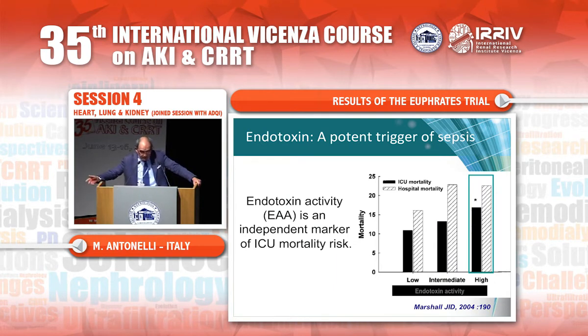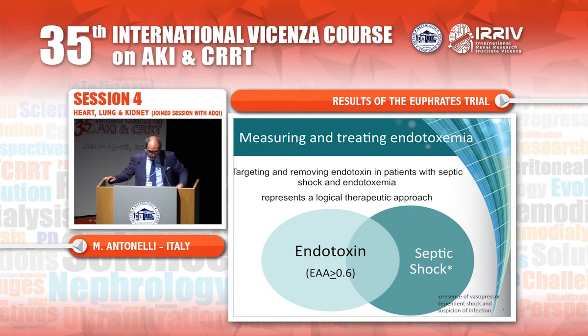And there's something more: endotoxin activity can tell us that endotoxin is an independent marker of ICU mortality. In other words, the higher the level of the endotoxin, the higher the risk of mortality.